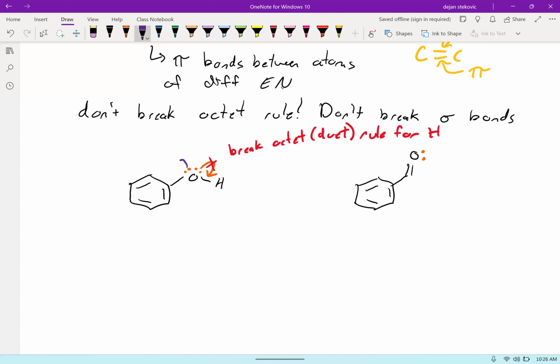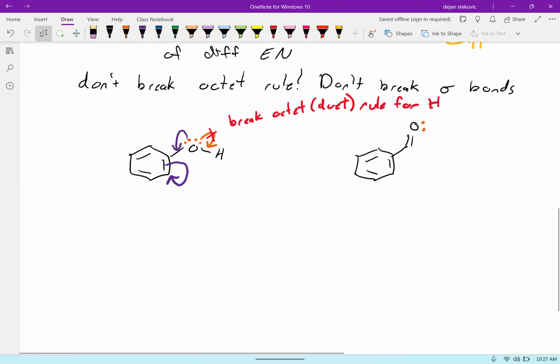What if we take this lone pair and transform it into a bond? Well, the issue there is that this carbon right there already has a filled octet, so we can't just do that. However, we do have a pi bond, and as I mentioned, we're usually going to involve these pi bonds. So we can turn this lone pair into a pi bond, and then we can take this pi bond and turn it into a lone pair.